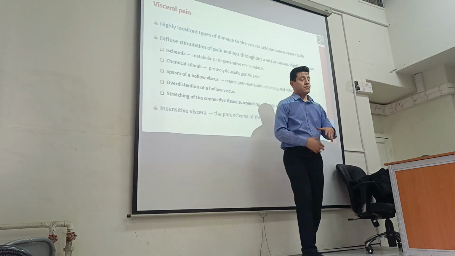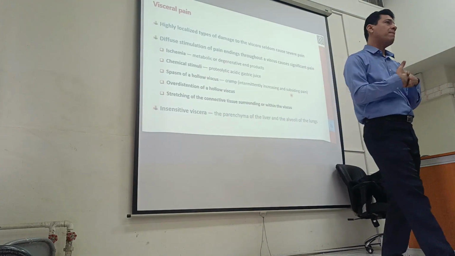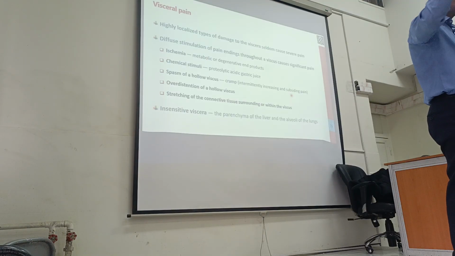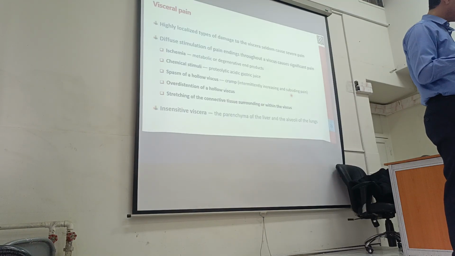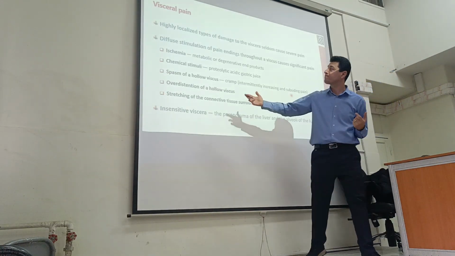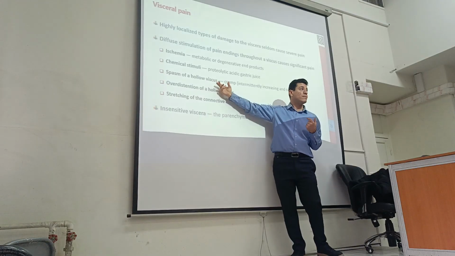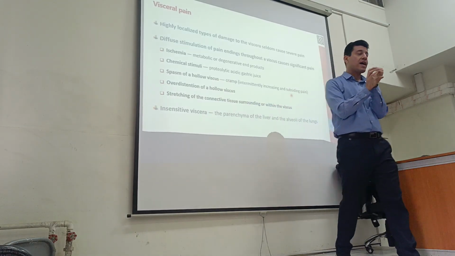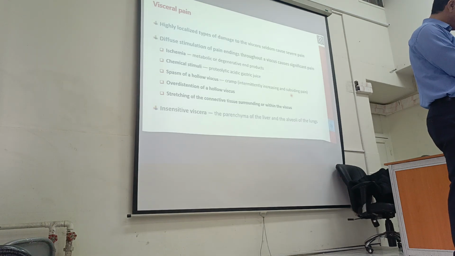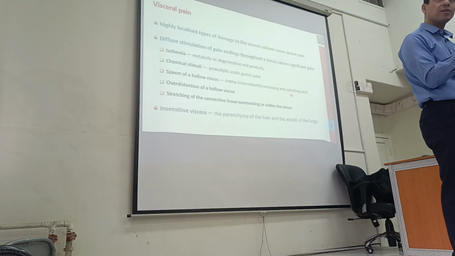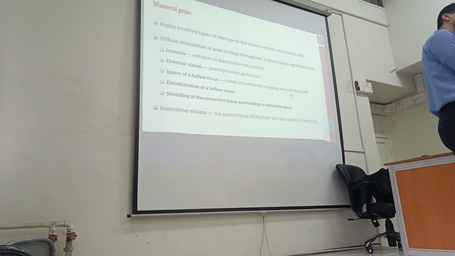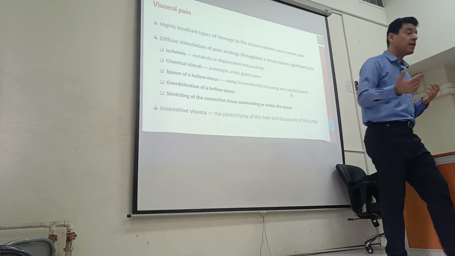Chemical stimulation, like peptic ulcer, right? Because of the release of high concentrations of acid in the stomach. So nociceptors are activated, the patient feels pain, right? Spasm. So contraction, prolonged contraction of the tissue without relaxation, right? This causes metabolic injury to nociceptors, then the patient feels pain.